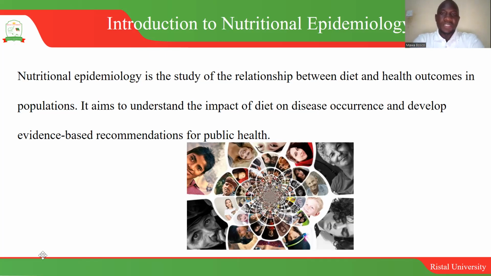So nutritional epidemiology is the study of the relationship between diet and health outcomes in populations. The key terms here are about three, that is health outcomes, diet, and population. So we are not looking at individuals, but the focus is on populations.